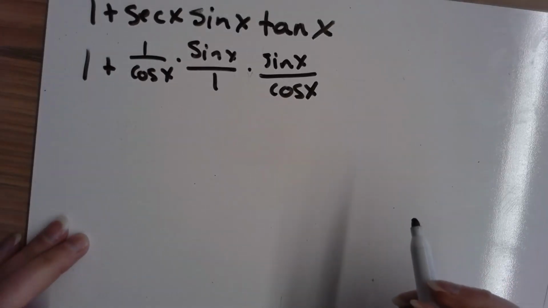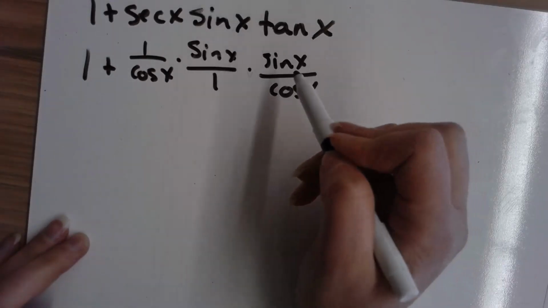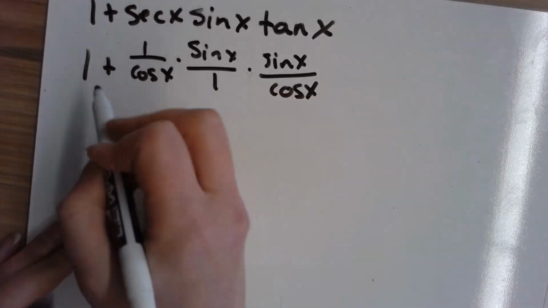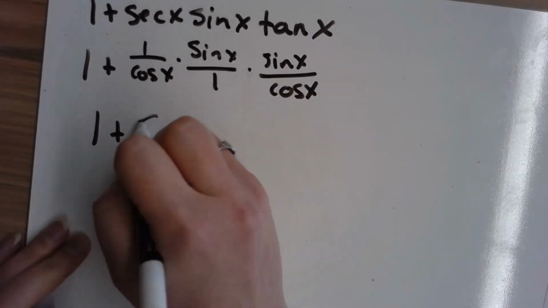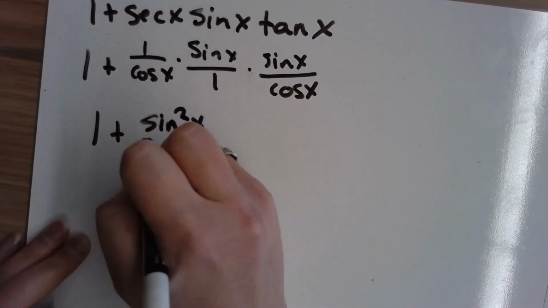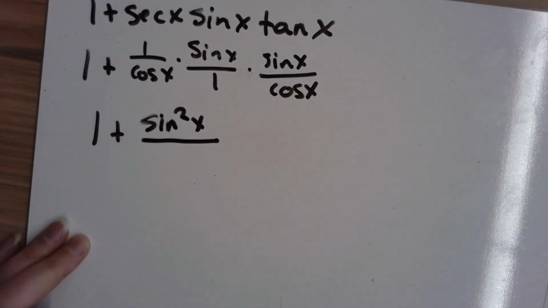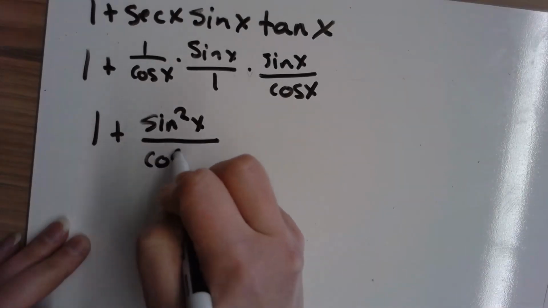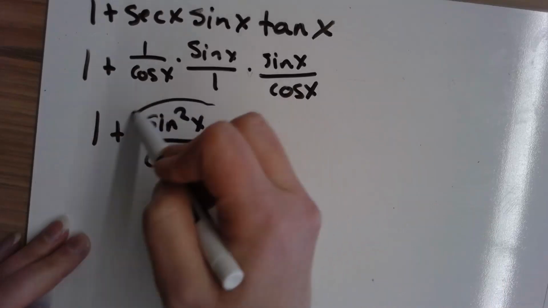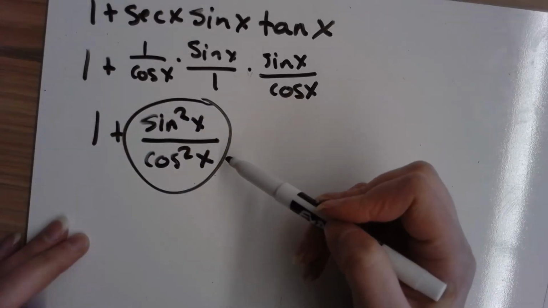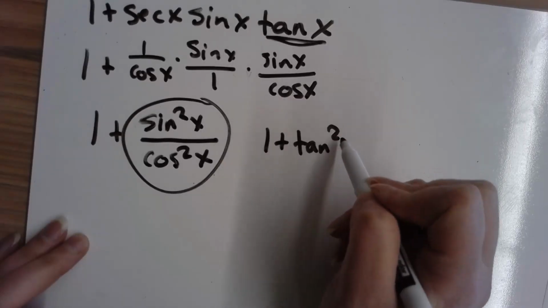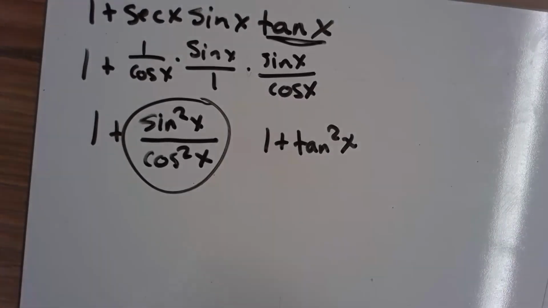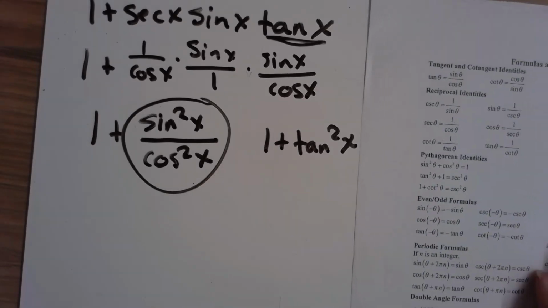So if we look at this, we can see that we can actually do 1 plus 1 times sine x is sine squared x over cosine x times 1 times cosine x is cosine squared x. So sine squared x over cosine squared x is going to be 1 plus tangent squared x. So if you remember, our second method is look for Pythagorean identities.